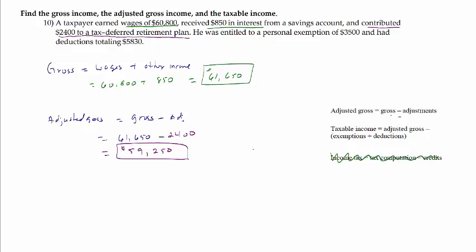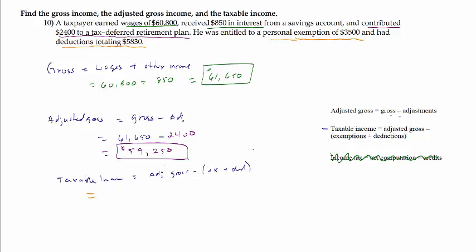All right, now the last one I'm asked to do is find my taxable income. So your taxable income, notice, is your adjusted gross. So my taxable income is my adjusted gross minus any exemptions and deductions. Okay, so do I have any exemptions or deductions? So coming on up here, a personal exemption of $3,500, and I had deductions totaling $5,830.